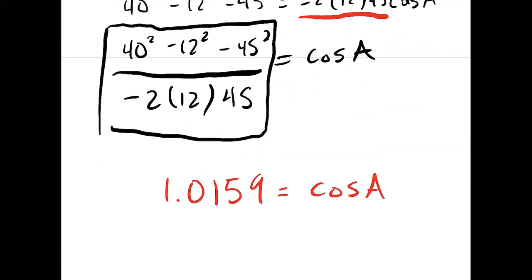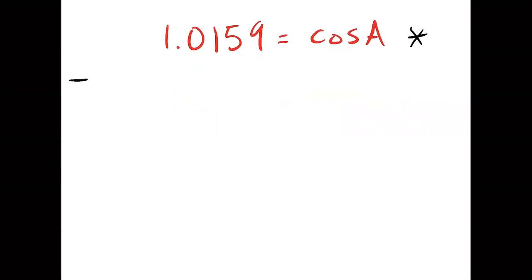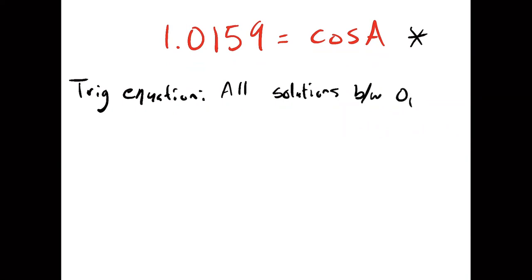Okay, so we're actually at the first difficult step here. We have to be a little bit careful now because remember, this is a trig equation. And so we want all solutions between 0 and 180 degrees, since we're actually working with a triangle.